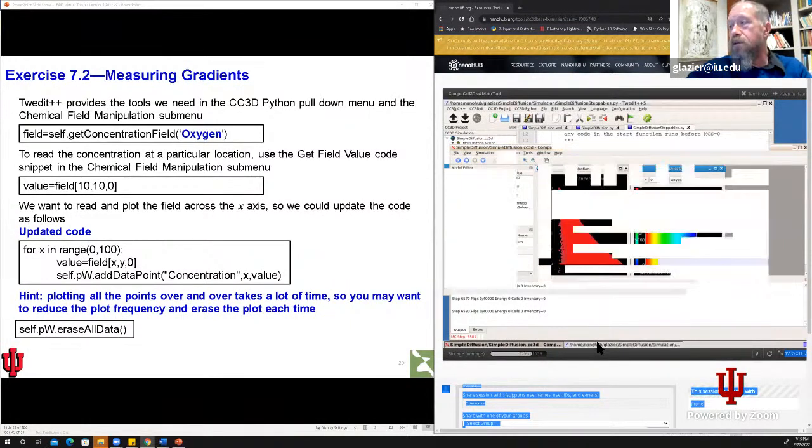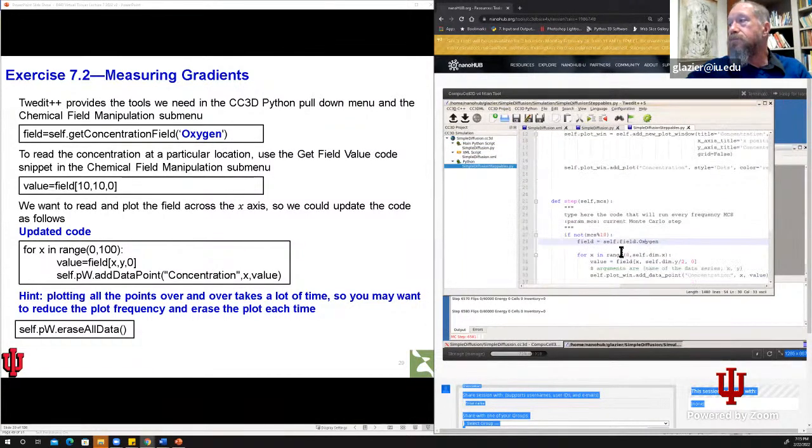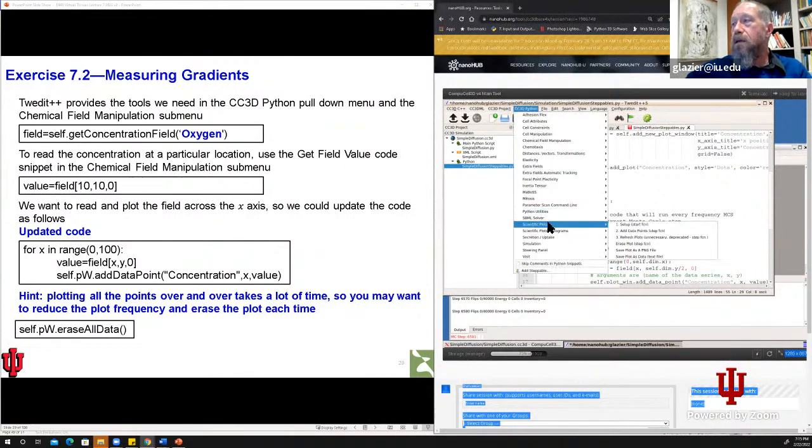Let's see what happens if we do that. That'll only take a second. So let me do an erase here. We haven't done that yet. CC3D Python, scientific plot, erase plot.